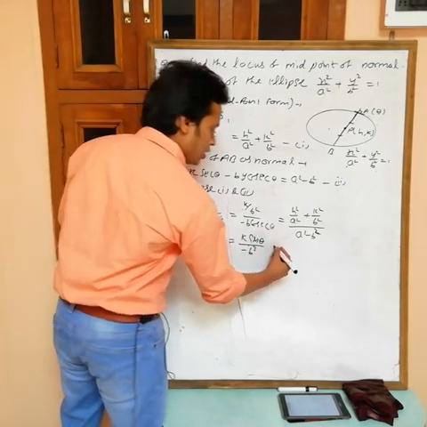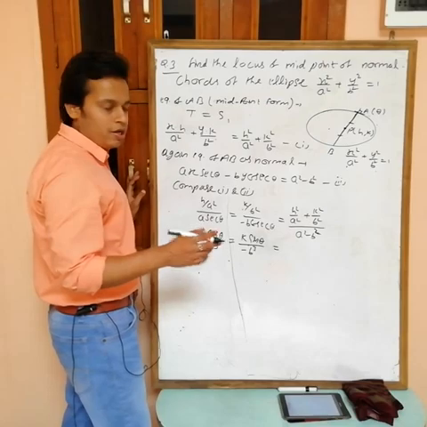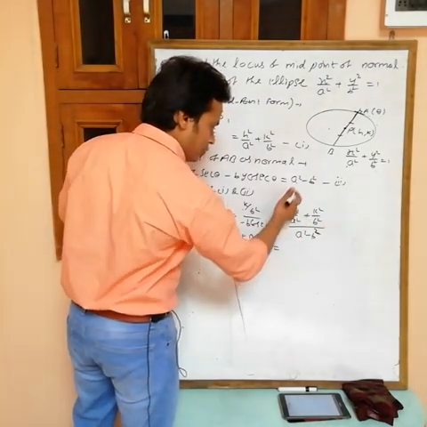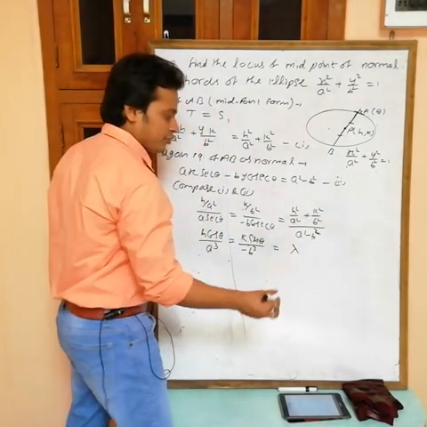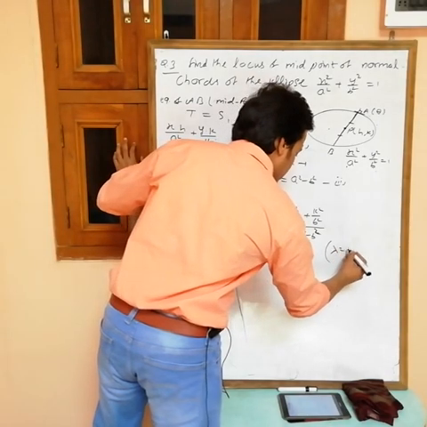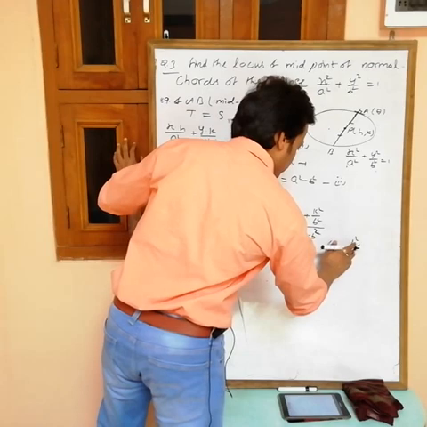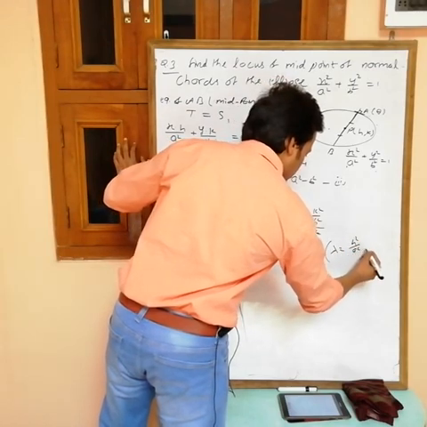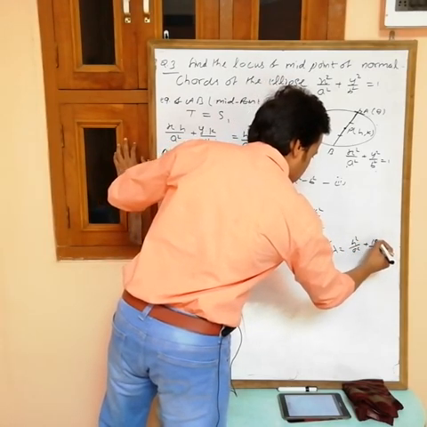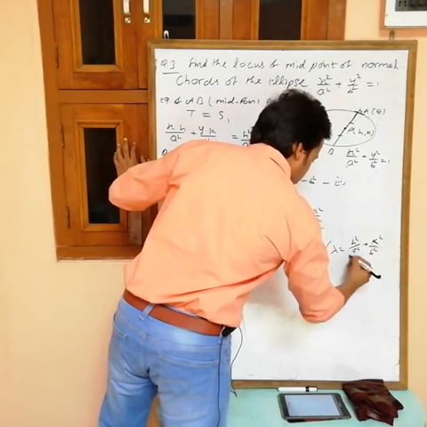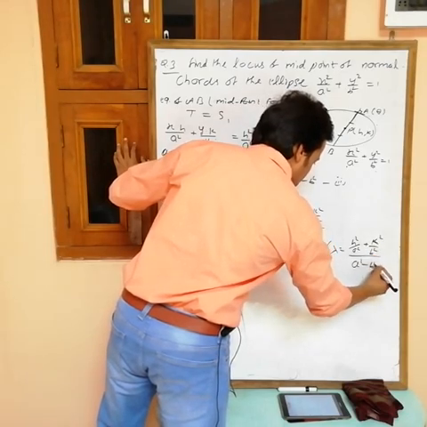And for simplification at this time I am assuming this complete value as lambda. Lambda is equal to h square by a square plus k square by b square by a square minus b square.